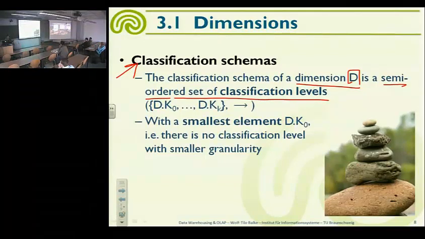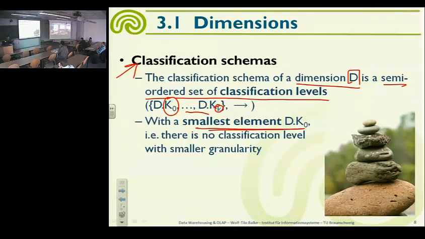You might go from the day to the week, or from the day to the month, to the quarter, to the year. So for each dimension, you start off with the finest granularity, K0, which in our example was the day for the time dimension, and the article for the product dimension, and it goes up to K dimensions.